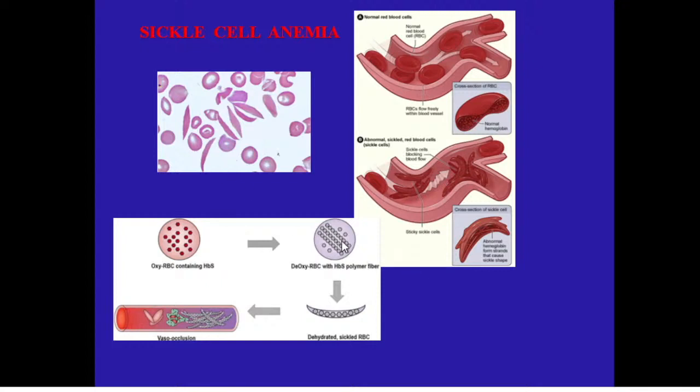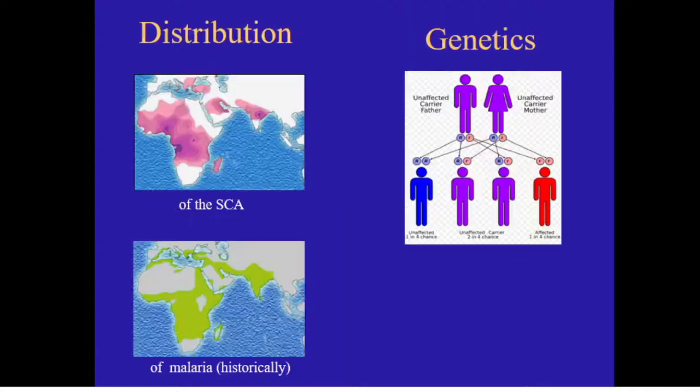So with polymers, with tactoids of hemoglobin, these cells cannot pass through the blood vessels normally and cannot perform their function. So hypoxia will be complicated with hemolysis, and chronic hemolysis will lead to the early death of these patients. Look to the genetics.